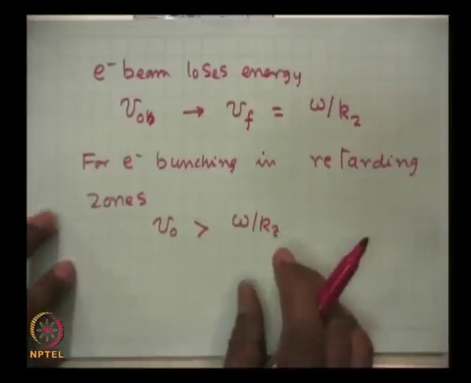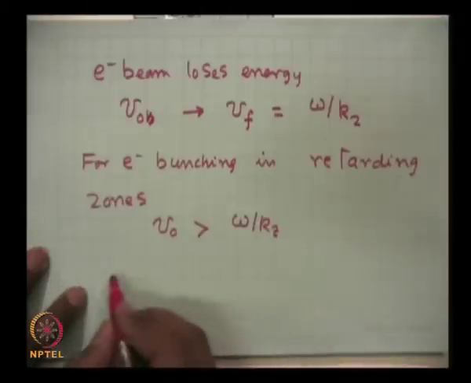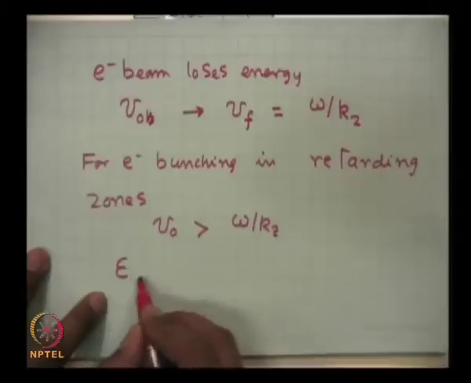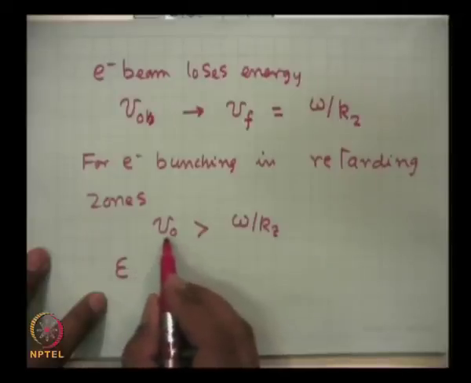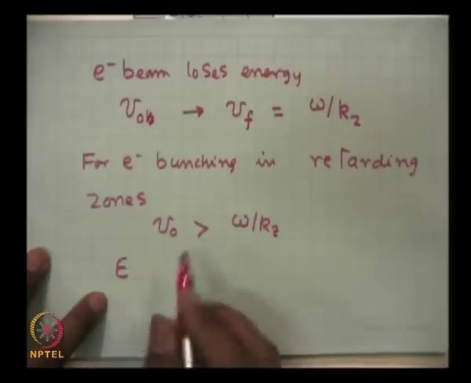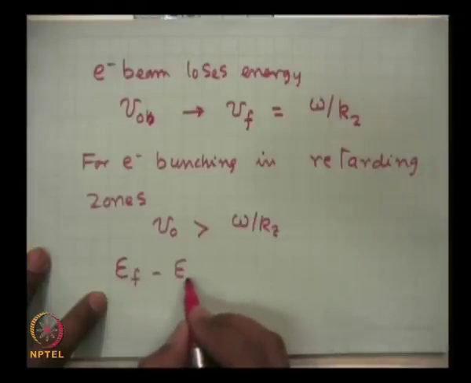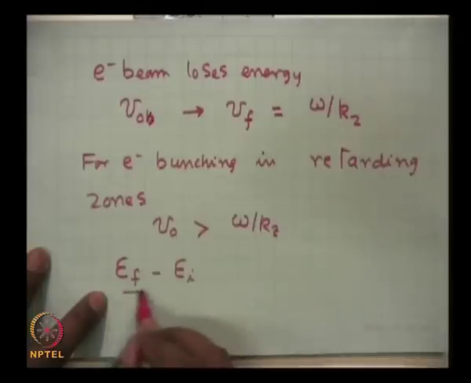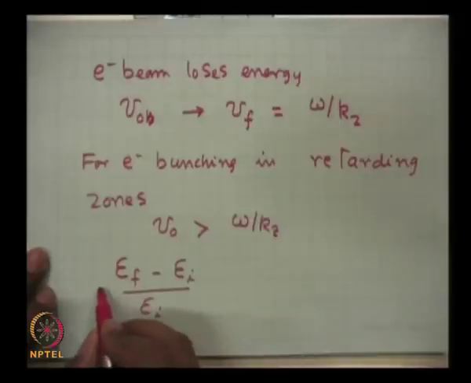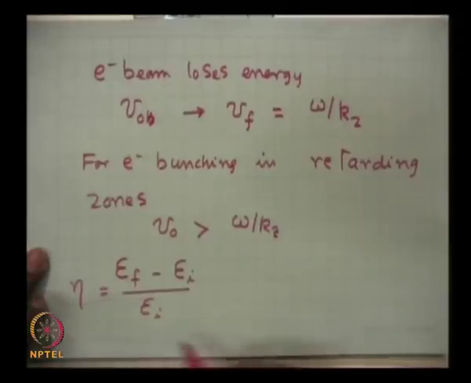And if you calculate the energy of the electrons, well, it is a little tricky dependence on v0 because it is a relativistic case. So final energy minus initial energy of the electron, divided by the initial electron energy, this is the efficiency of the device.